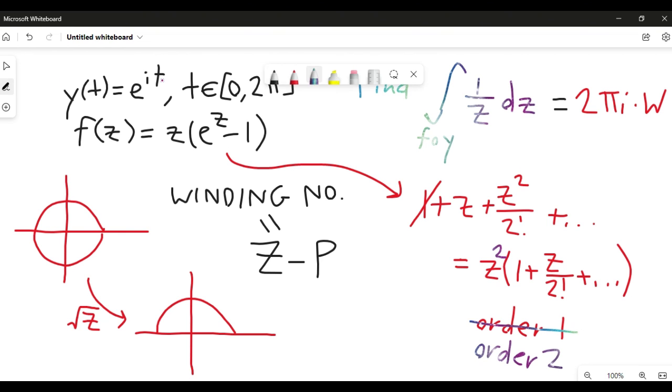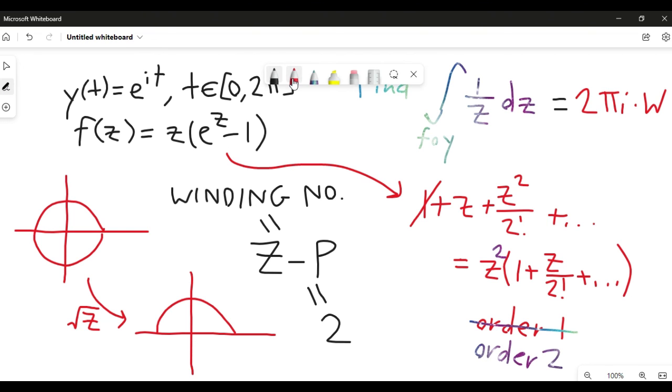So I think what's going on is that this expression Z minus P, if you count the zeros with multiplicity and use that to be your big Z, this should be equal to 2 in this case.